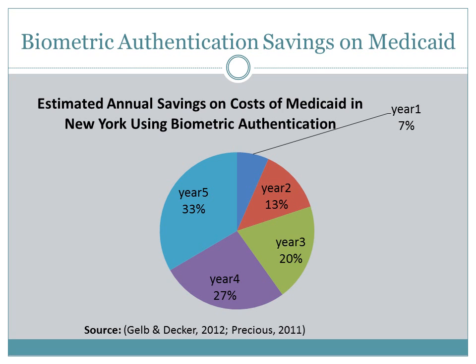If you estimate for 5 years, as you can see in this pie chart, the first year the state is going to save 7% of Medicaid cost. The second year it will save 13%, and by the end of the 5th year the state will be saving 33% on Medicaid costs.